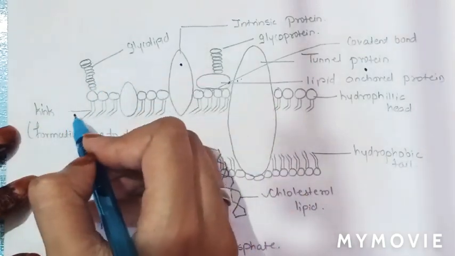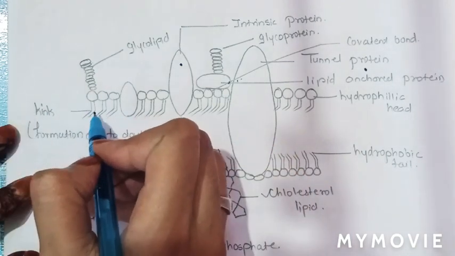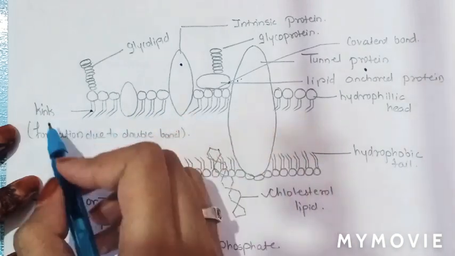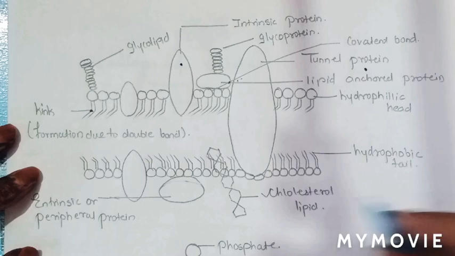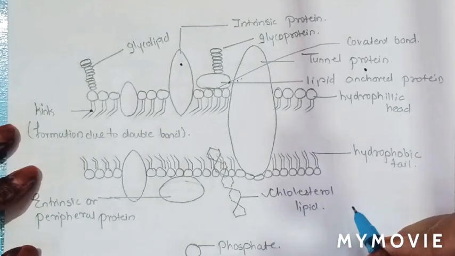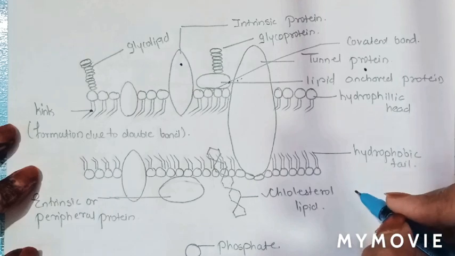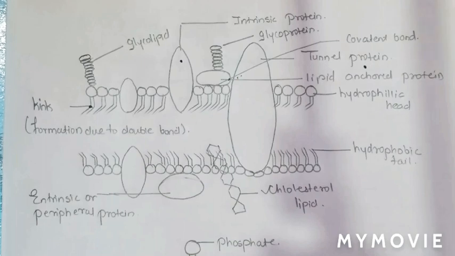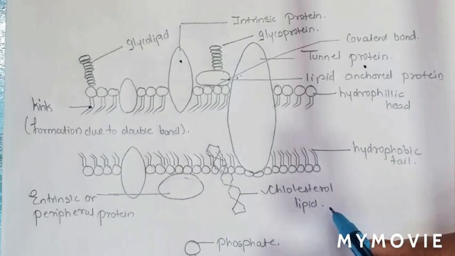Here the kinks are formed due to the double bond. Here you can see the cholesterol lipid, which gives fluidity to the cell membrane or plasma membrane.